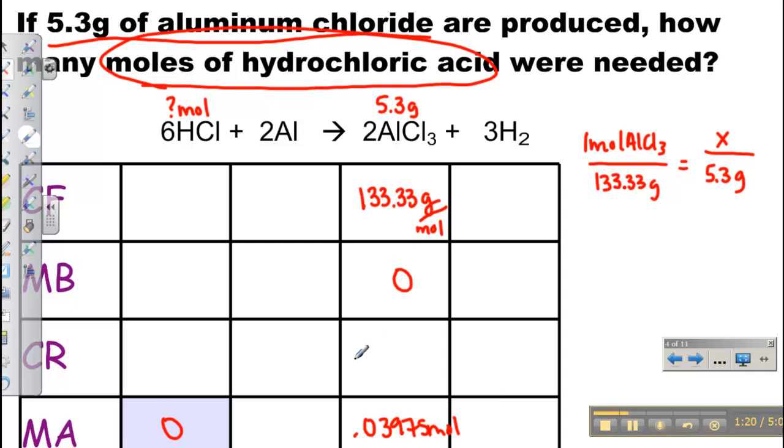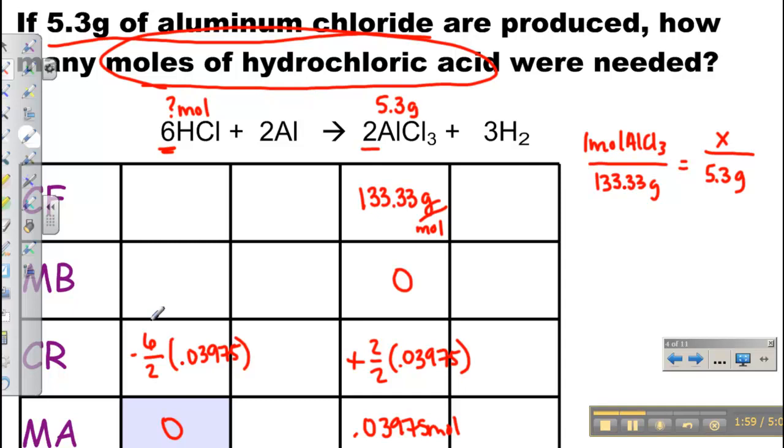So we know that to start from 0 and get that number, our fraction is 2 over 2, because there's our coefficient, times our number of moles. Alright, so we're going to work our way backwards here. So the change during the reaction for HCl, we're going to use our 6 here, and we're going to use the 2 from aluminum chloride. We're going to multiply that by moles. Remember, everything is a mole ratio, so we always have to multiply by those moles.